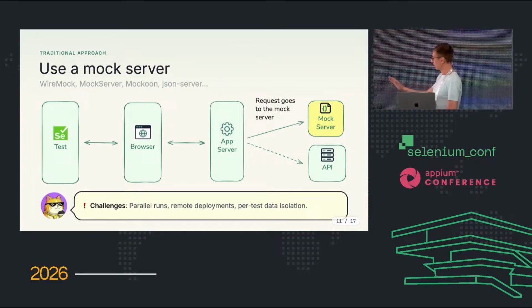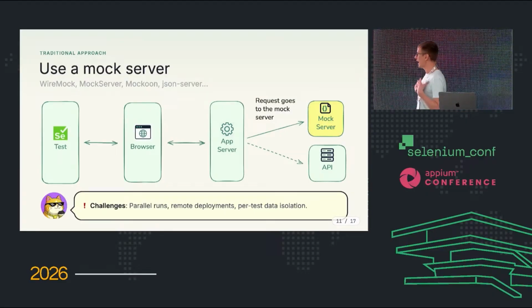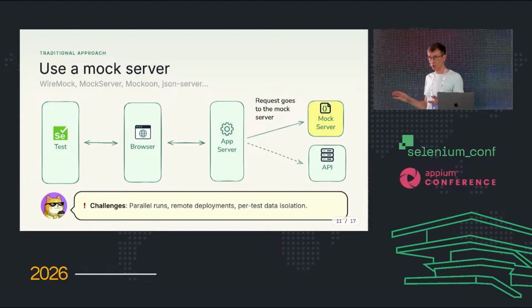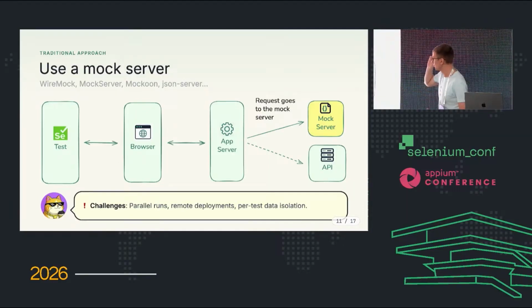And it works, but it comes with its own challenges. And I personally am not a fan of this approach because it works fine locally, but when you are scaling your tests, you should think about scaling this mock server. There are different strategies.